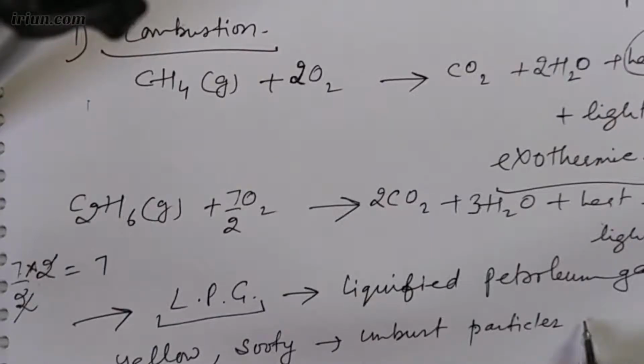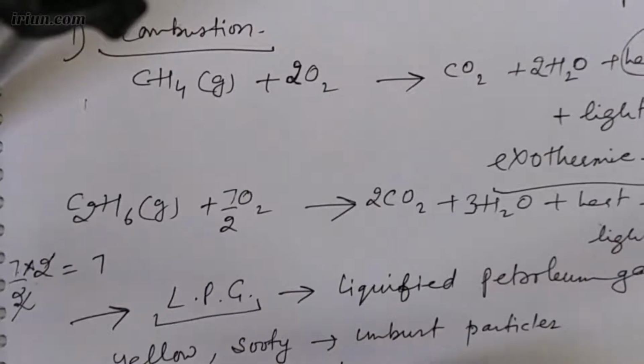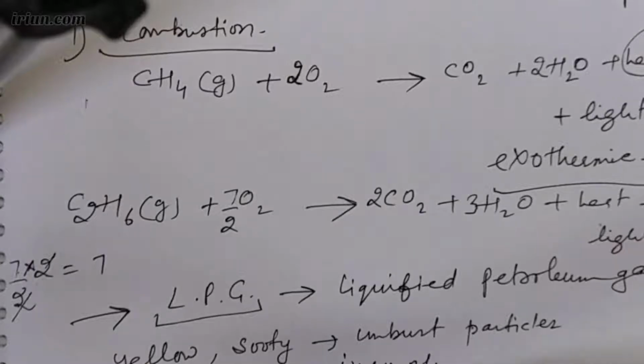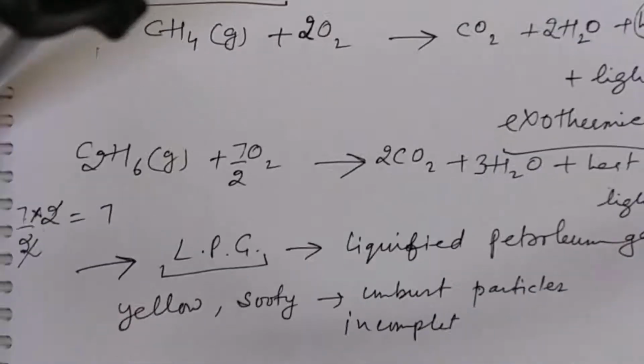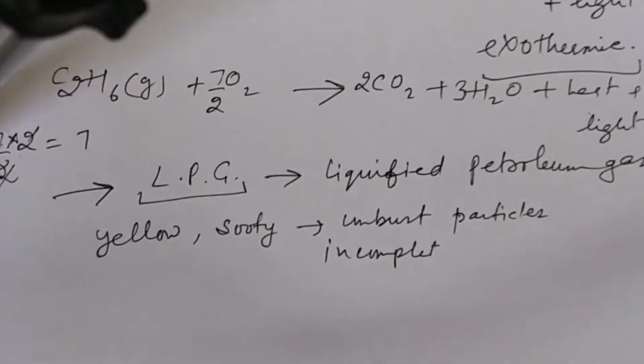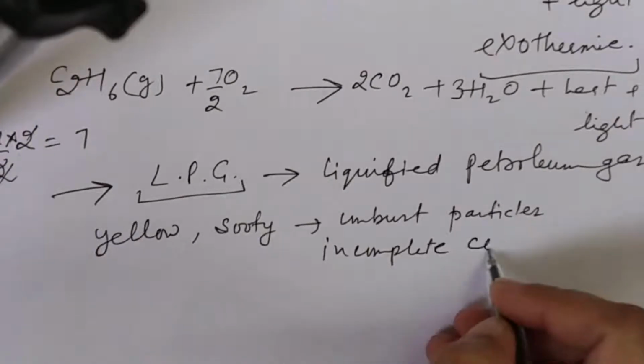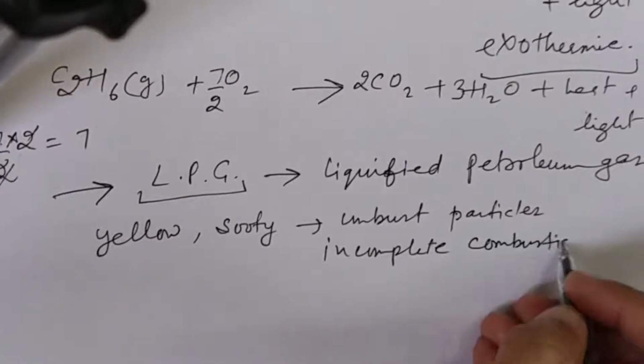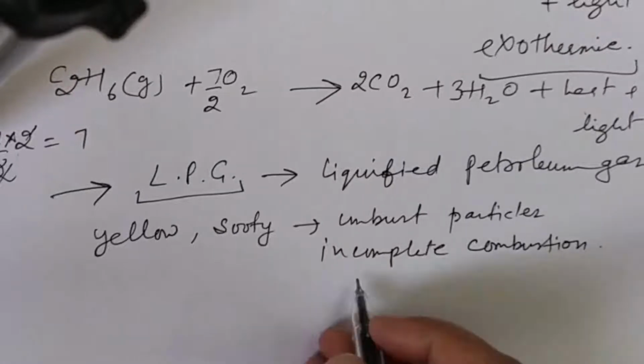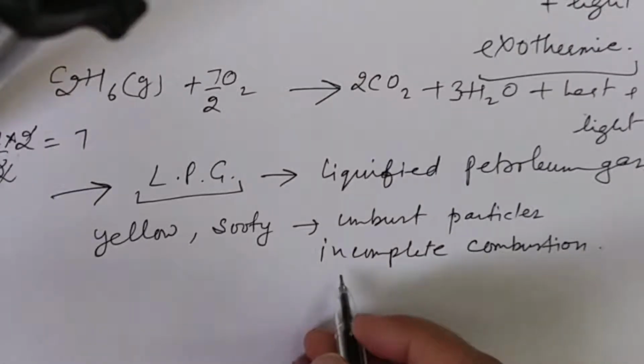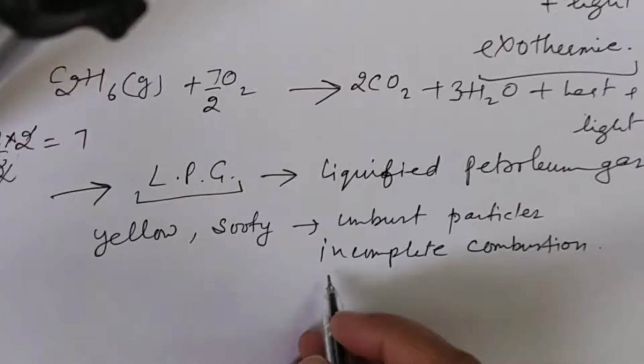There is incomplete combustion of fuel. If incomplete combustion of fuel is there, then the fuel will not burn properly. It will produce a sooty, black and yellow flame.